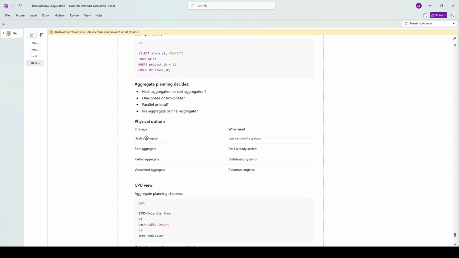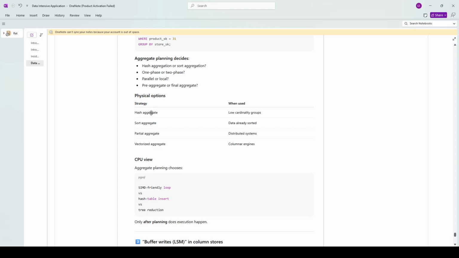Physical options. Strategy: hash aggregate, used for low cardinality groups. Strategy: sort aggregate, used when data is already sorted. Strategy: partial aggregate, used in distributed systems. Strategy: vectorized aggregate, used in columnar engines. Vectorization is highly related to CPU architecture, because it uses a combination of integers in a scalar, kind of like an array view that allows it to execute fast. There are special execution units in the CPU dedicated to that.